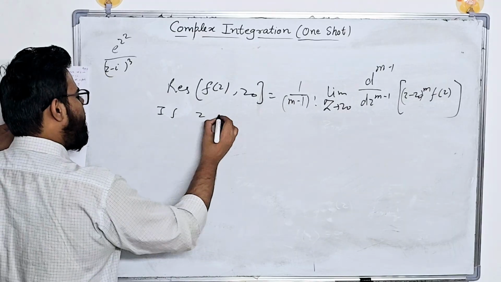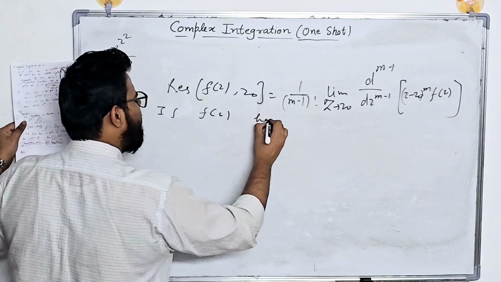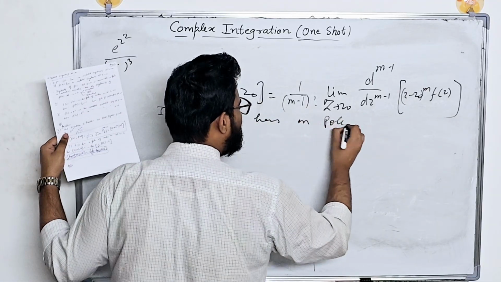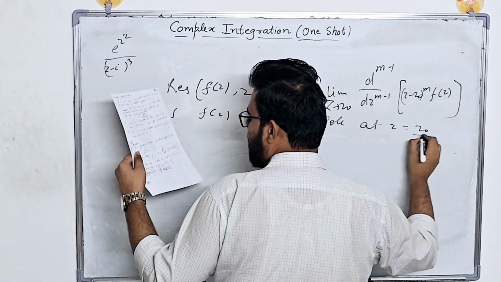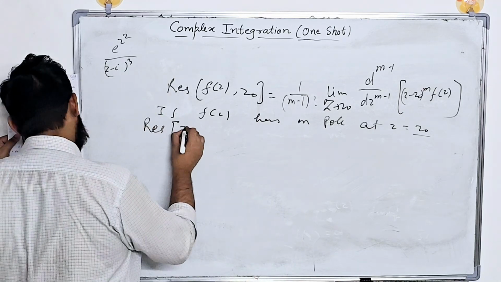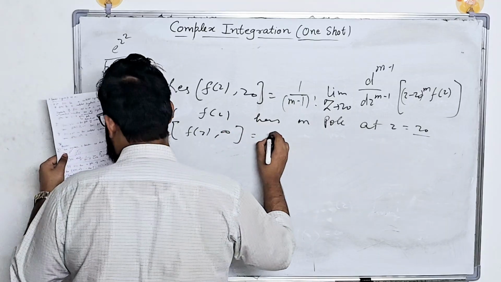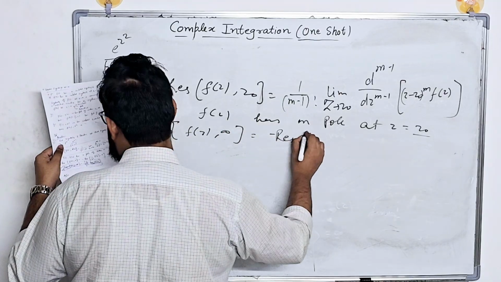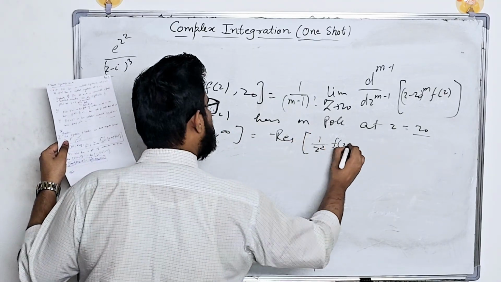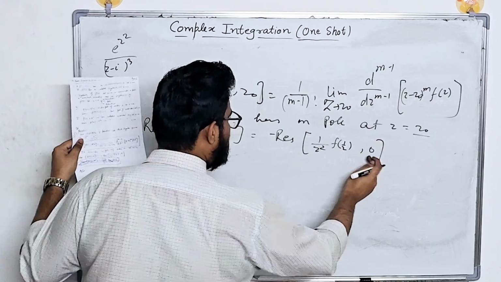This is if f of z, sorry, has a pole of order m at z equal to z naught. And the residue of f of z at infinity is equal to negative the residue of 1 upon z square times the function at 1 upon z, at 0.